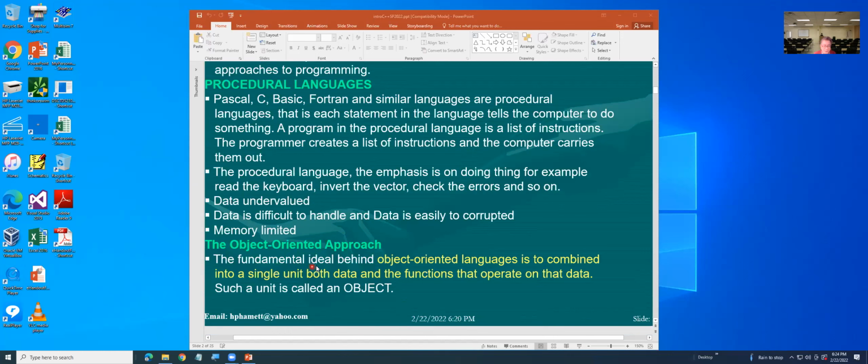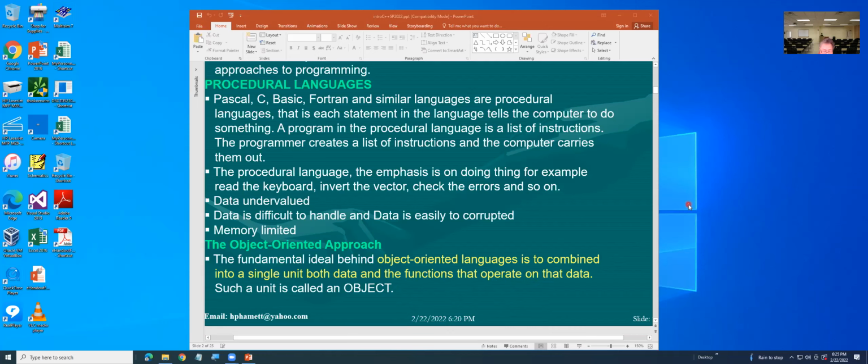The fundamental idea behind an object-oriented language is that they combine into a single unit both data and the functions that operate on that data. Now, try to say what is the data and what is the function.